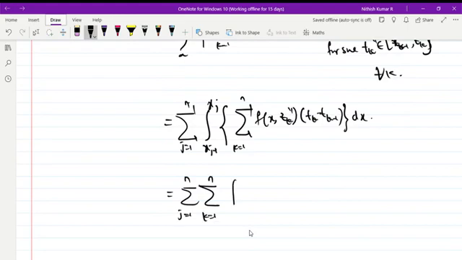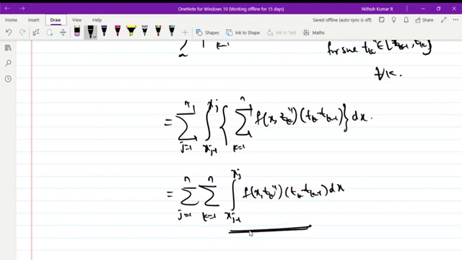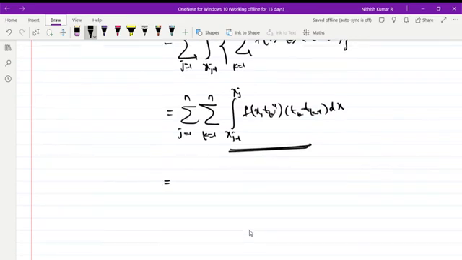Now again rearranging, we get double summation j is equal to 1 to n, k is equal to 1 to n, integration from xj minus 1 to xj, f of x comma tk double dash into tk minus 1 into dx.